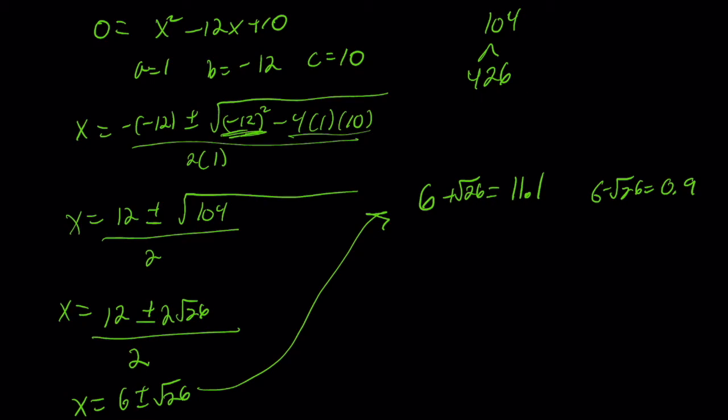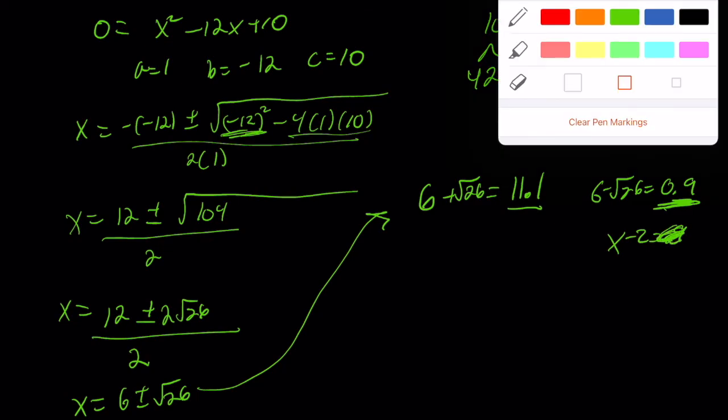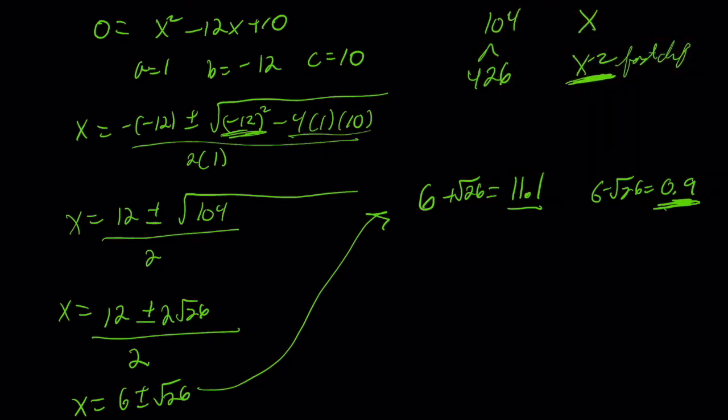Now we aren't done. These are our options for the time of the slow chef. The fast chef was x minus 2. If I plug in 0.9 for x, 0.9 minus 2, well, that's a negative 1.1.